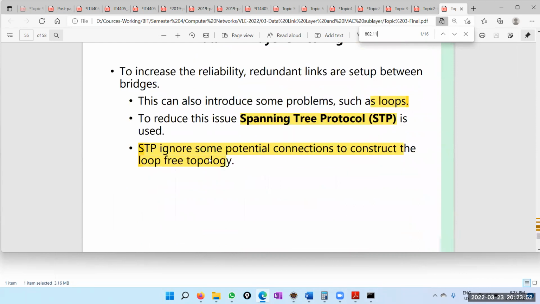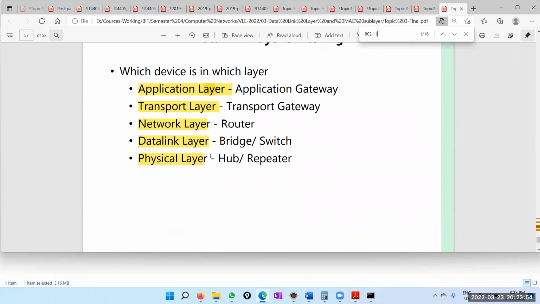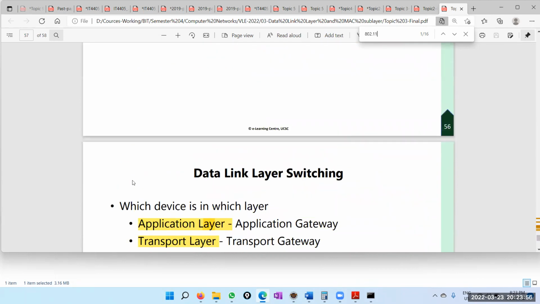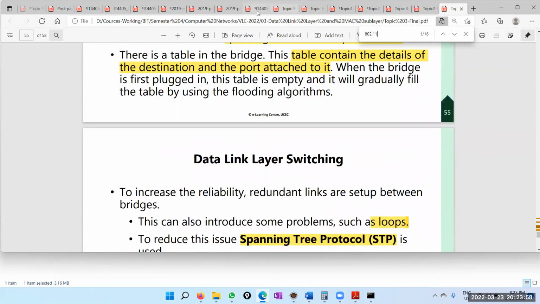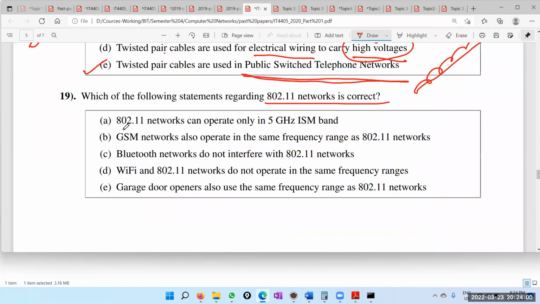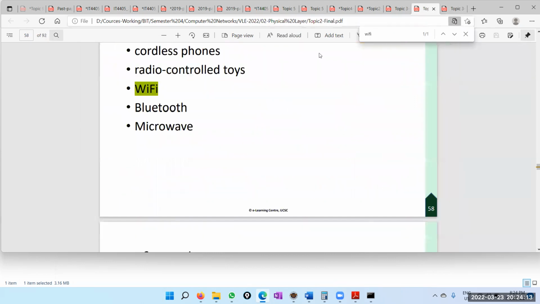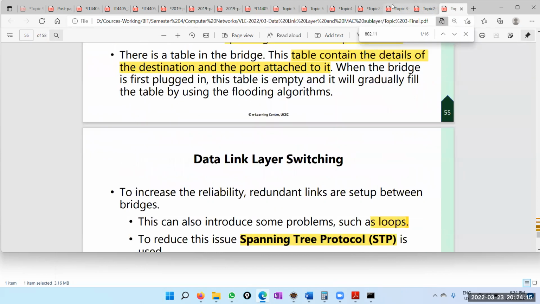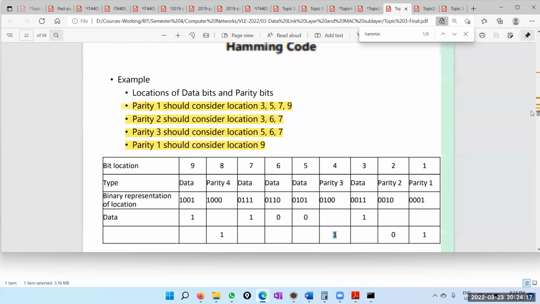So it's pretty much used in local area networks mostly, and also some related places. This is a little bit difficult question because they check whether you have memorized those things. 802.11 networks can operate only in 5 gigahertz ISM bands. I think they mentioned something about the ISM bands, but honestly, I can't remember all those things.